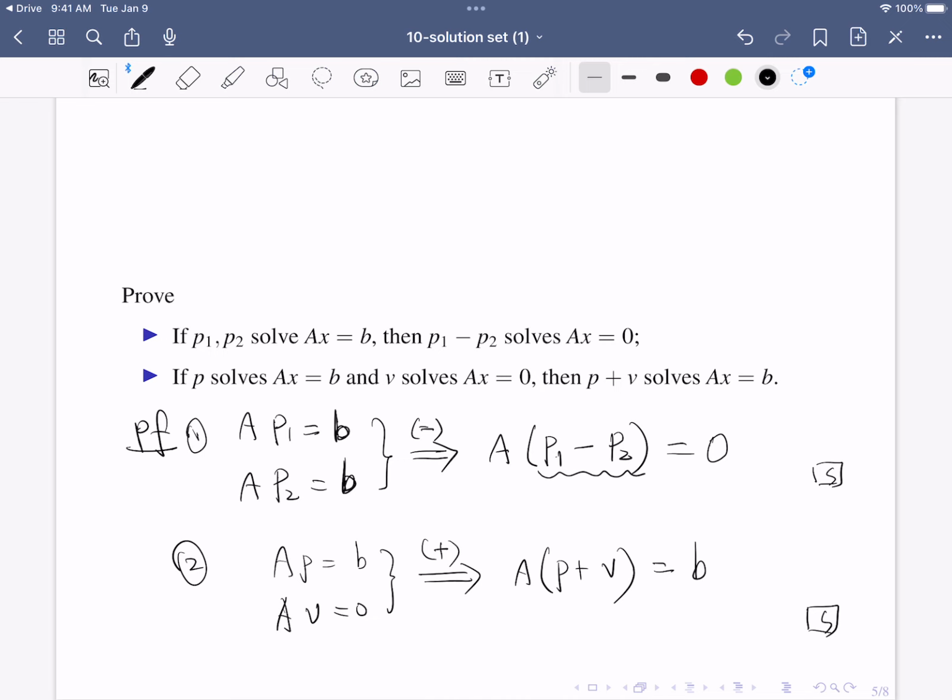After the proof, we think about what this proposition means.